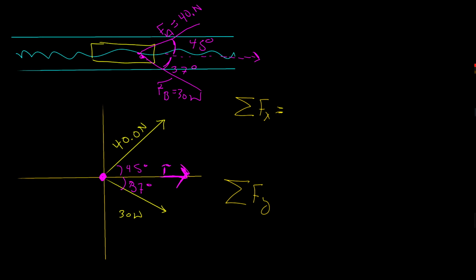So I'm going to call this force A and this force B. And so in my x direction, I have force A times the cosine of angle A plus force B times the cosine of angle B is going to equal the mass times the acceleration in the x direction.